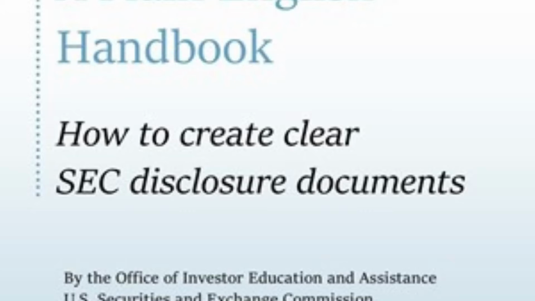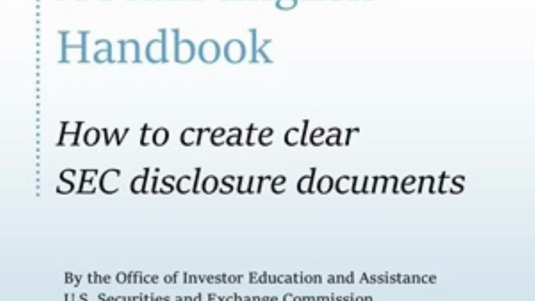Chapter 1. What is a Plain English Document? We'll start by dispelling a common misconception about plain English writing. It does not mean deleting complex information to make the document easier to understand. For investors to make informed decisions, disclosure documents must impart complex information.